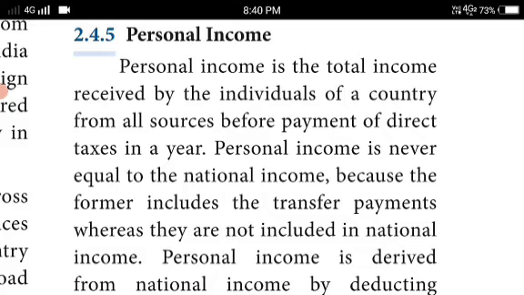It is income received within a year, before paying the direct taxes, not indirect taxes. When we calculate the income received by the individual, we do not deduct the direct taxes.